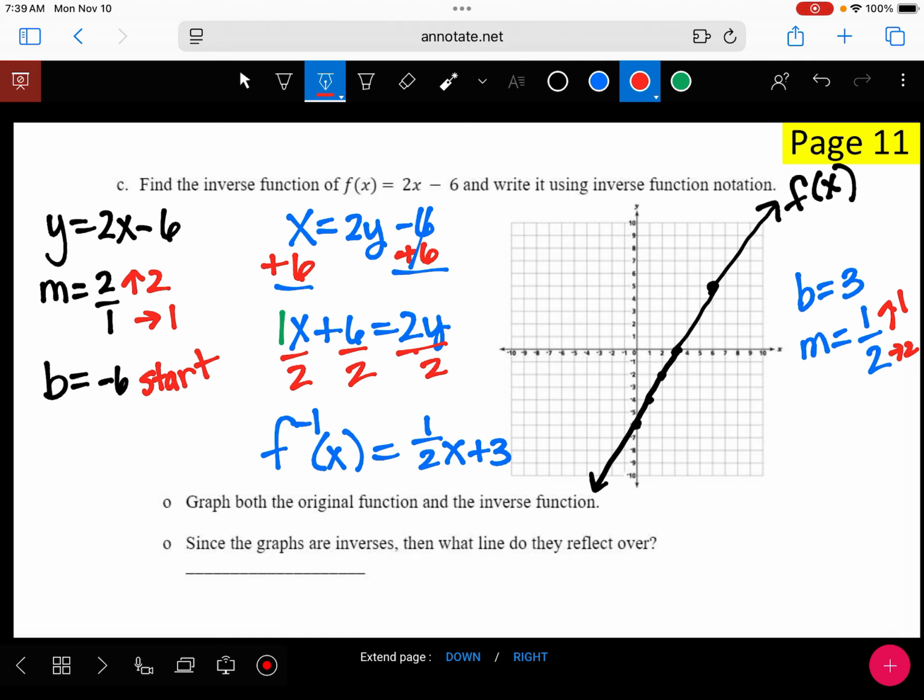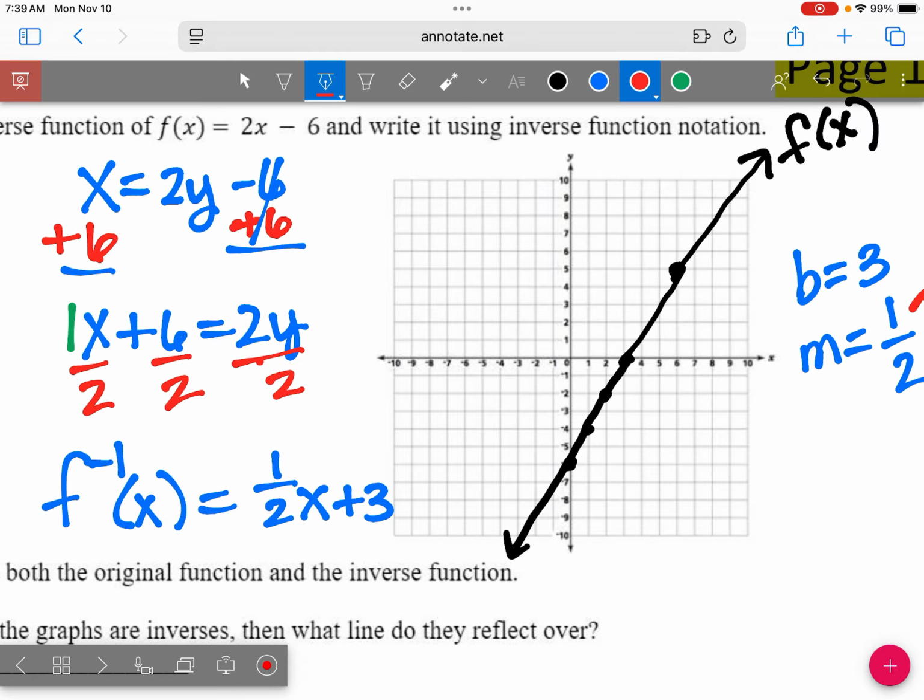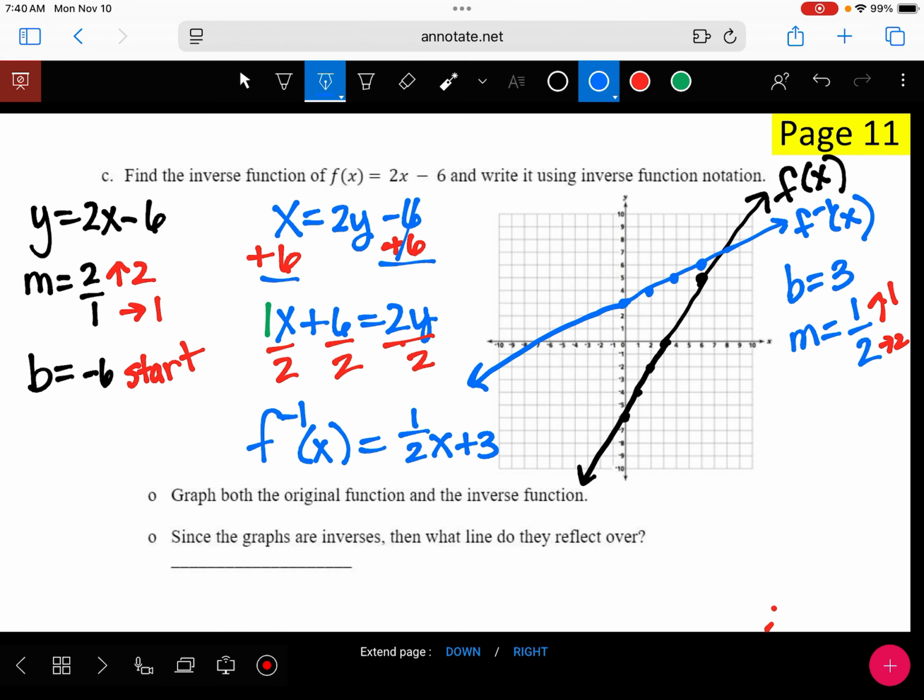So let's go ahead and put our point down at 3. And then from the 3, we're going to go up 1 and over 2. So starting at 3, up 1 over 2, up 1 over 2, up 1 over 2. And then connect your line. And remember, inverses always reflect across y equals x.